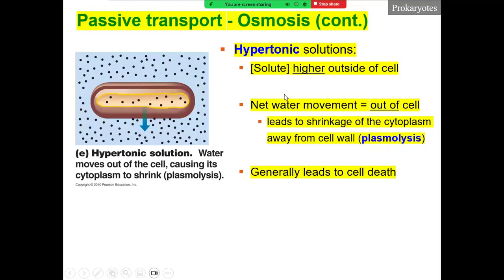Or if the cell has an endospore, the cell can live in a hypertonic solution for a very long time, depending on how good the endospore membrane is. It could survive for many, many years, even millennia.